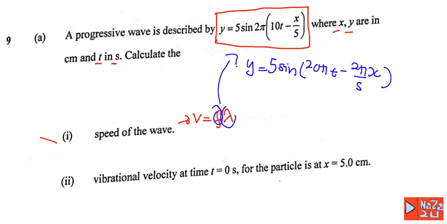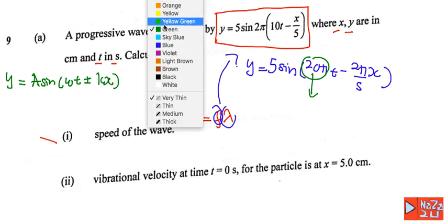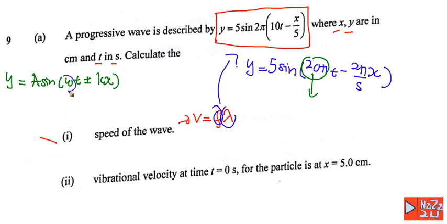Now this is omega, right? Because the general equation for the wave is sin(ωt ± kx).